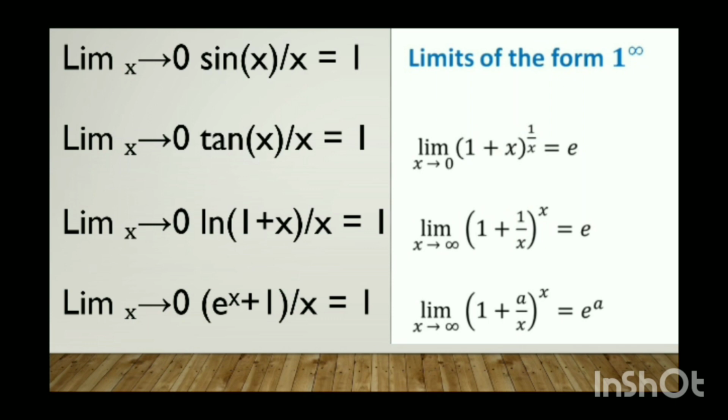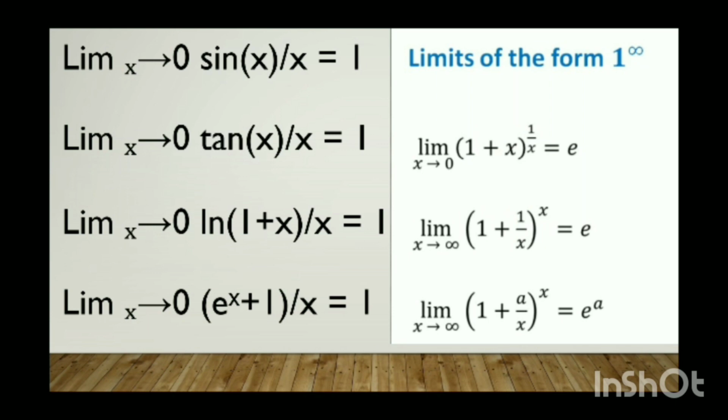And then the power, we have 1 divided by 0, and 1 divided by 0 is positive infinity, provided 1 is positive. So we have the limit as x tends to 0 of 1 raised to the power infinity, and this is e by standard limits.